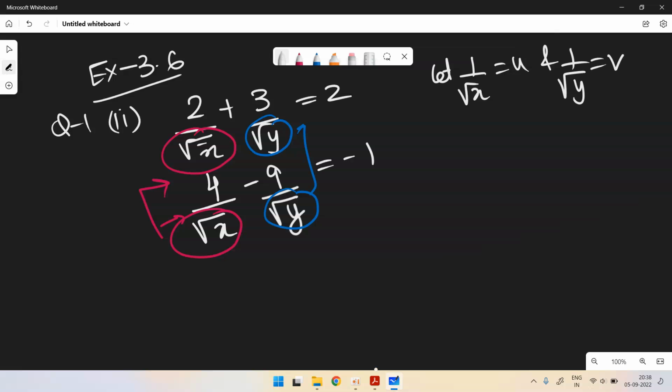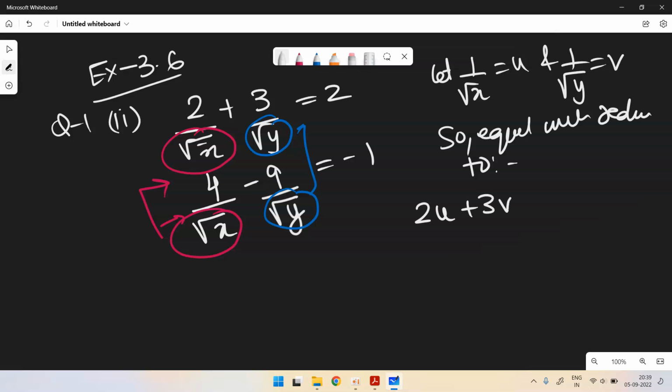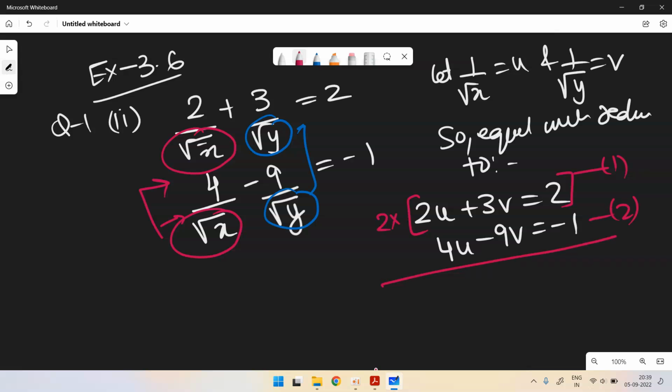If you substitute, the equations reduce to 2u plus 3v equal to 2, and 4u minus 9v equal to minus 1. Now the coefficient of u in the second equation is 4, so you multiply the first equation by 2.